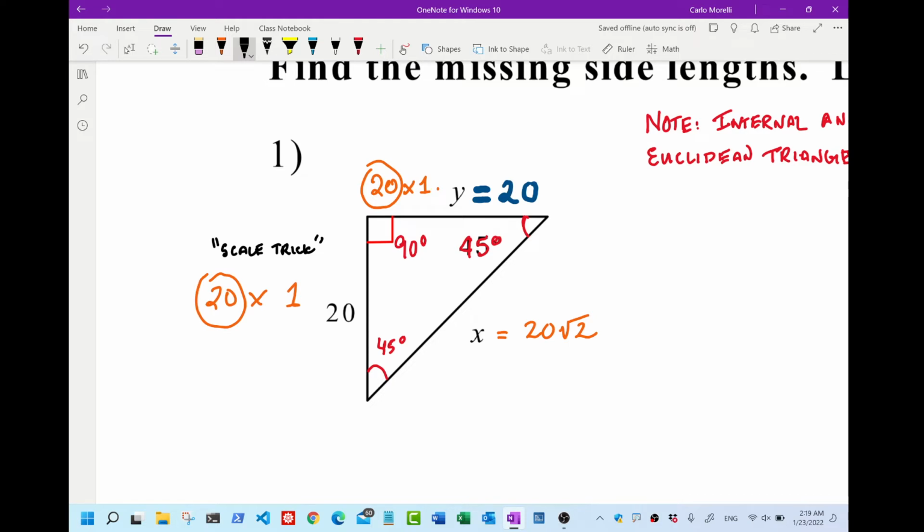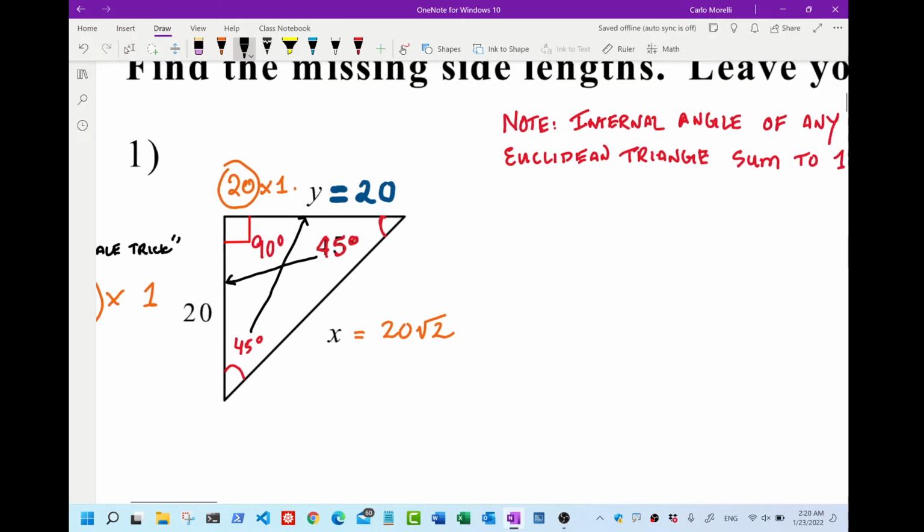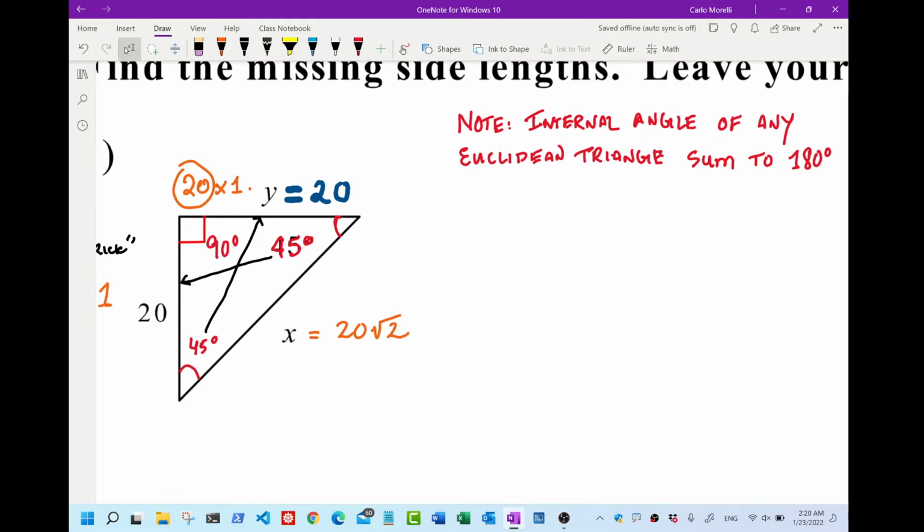Then the way that you would actually figure it out is having established, maybe drawing these lines like this. That'll show the person looking at it that you knew those relationships. Then you could test using the Pythagorean theorem. So remember the Pythagorean theorem, maybe if I could spell it correctly.